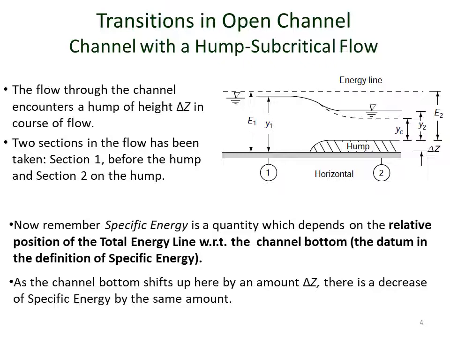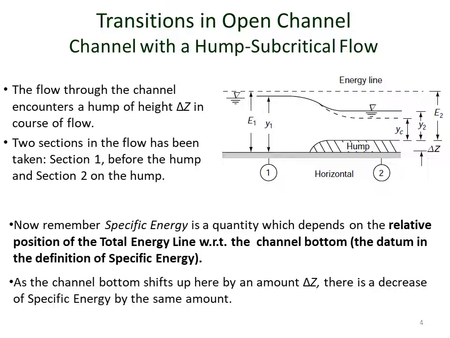From the definition of specific energy, you can remember that we define specific energy taking the channel bottom as the datum. Now, if the height of the channel bottom changes, then the datum is going to change as well, and thus the specific energy is going to be affected.